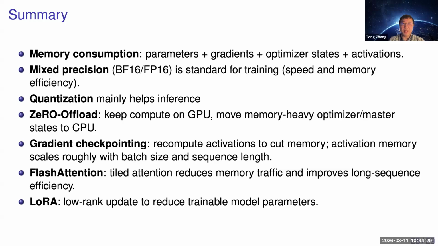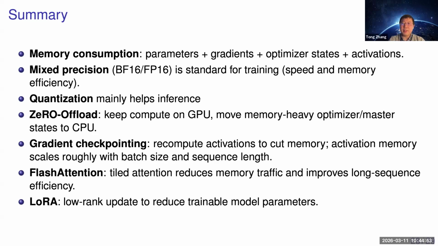Compared with gradient checkpointing and with ZeRO offload, you can put all the parameters in your GPU memory. Therefore, you can train faster than ZeRO offload because you save the communication. And this is pretty common.